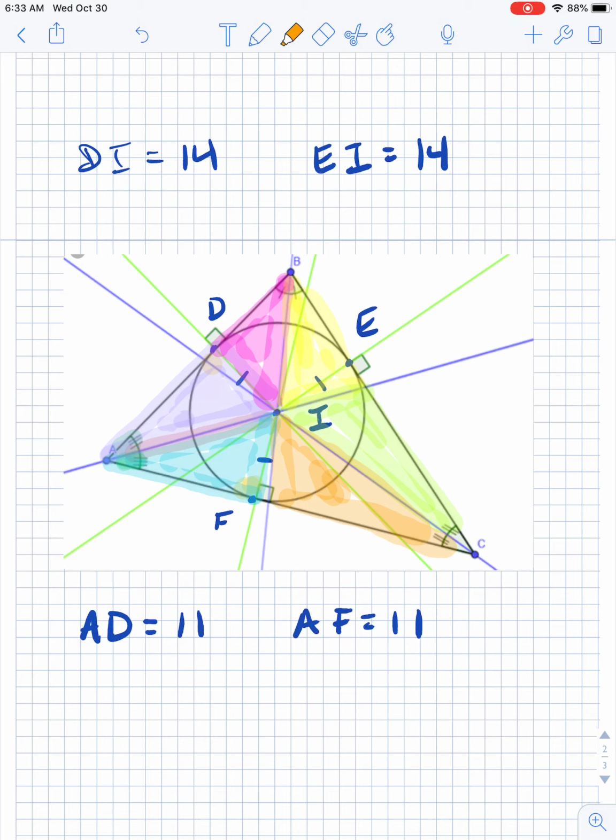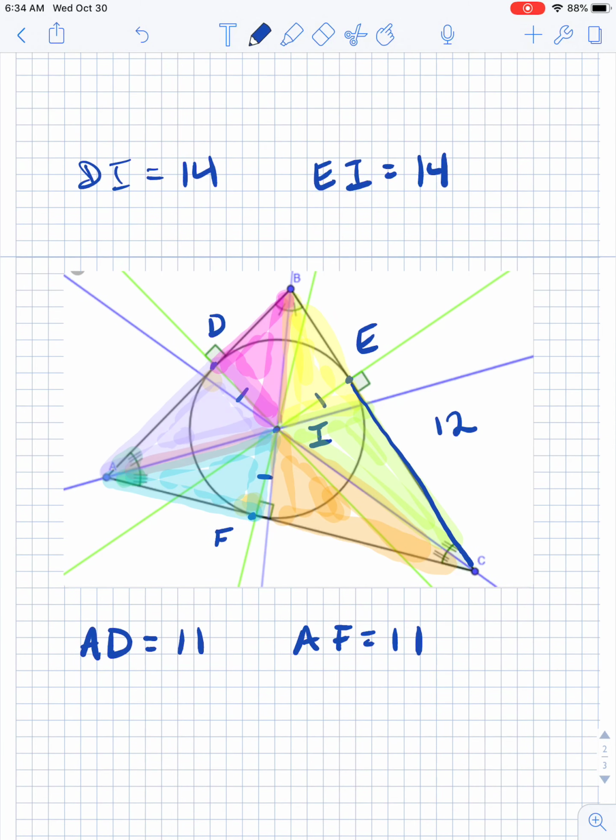Something else that I want to point out is that all of these triangles that I've colored in, those are all right triangles. Because they're all right triangles, if they give you some information, for example, let's say that they say that CE, this line, CE, let's say they tell you that this is 12. Okay.